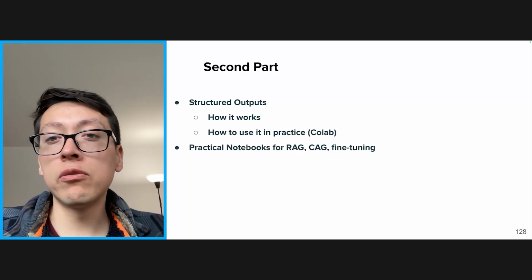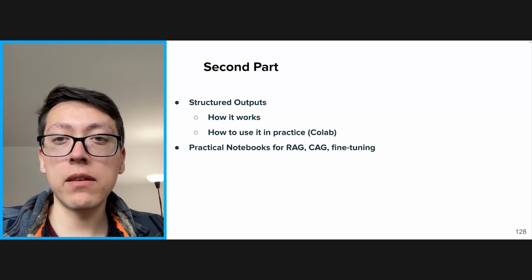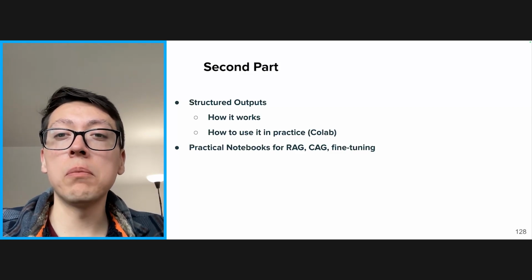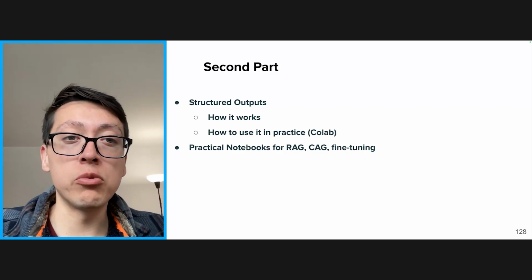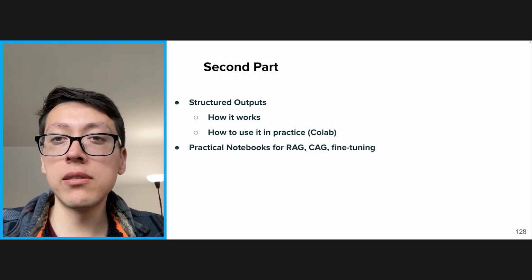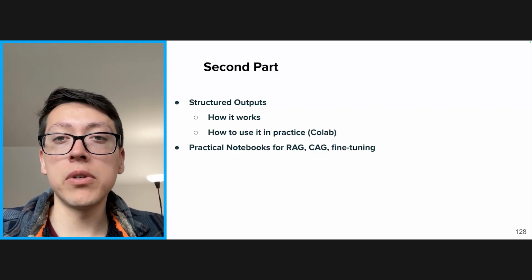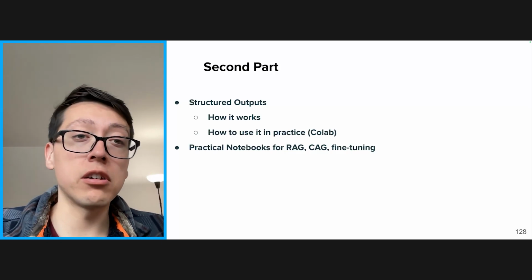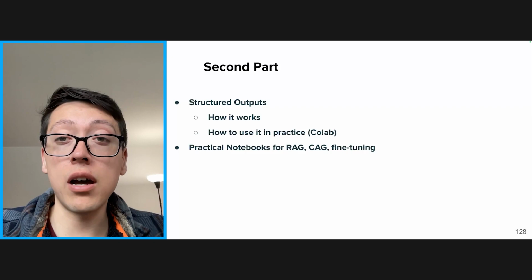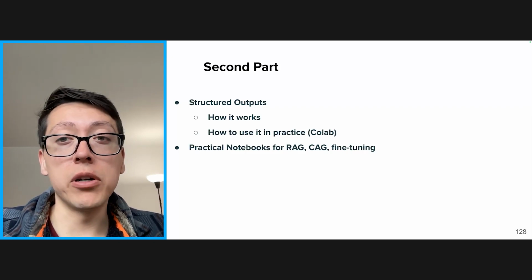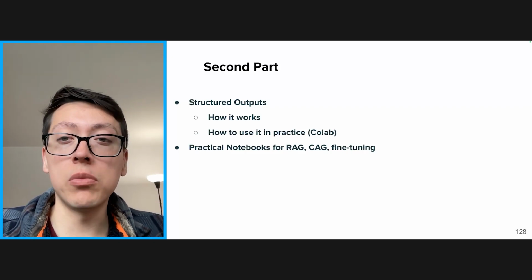And then I'll go over some notebooks, so some code on how we can implement a basic chatbot that uses retrieval to answer questions, and some notebooks about context-augmented generation, and finally an example on how we can fine-tune a closed source model.